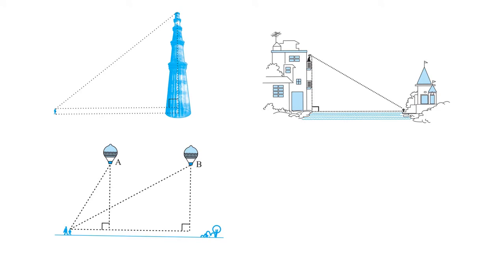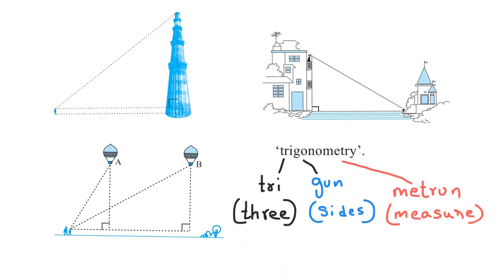In all the situations given above, the distances or heights can be found by using some mathematical techniques which come under a branch of mathematics called trigonometry. The word trigonometry is derived from the Greek words tri, meaning three, gon, meaning sides, and metron, meaning measure.